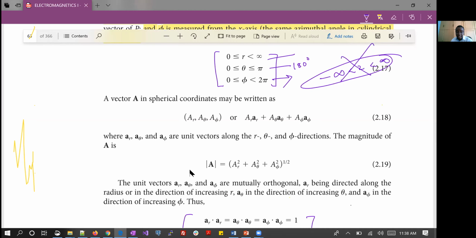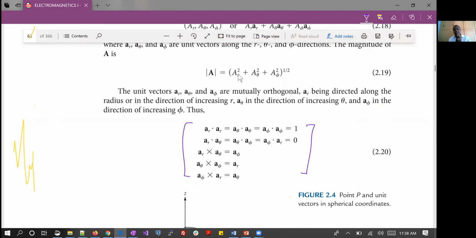And the magnitude, just like we did with the others, is given by the scalars AR, A theta, and A phi, each of them squared, then you find the square root. The unit vectors AR, A theta, and A phi are mutually orthogonal, something we have been saying over and over again. AR is directed along the radius, A theta in the direction of theta, and A phi in the direction of phi.